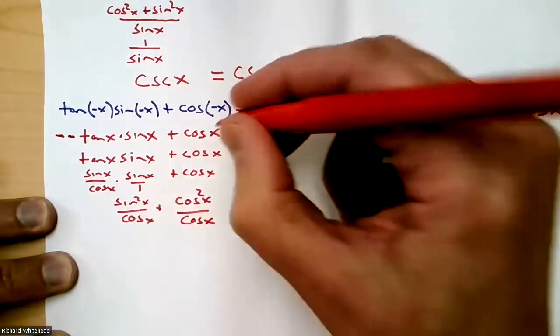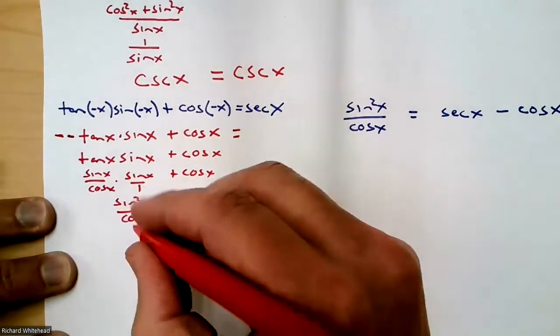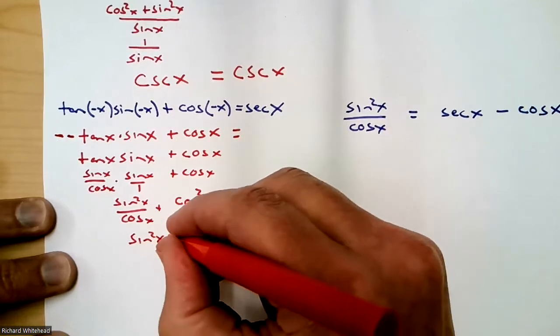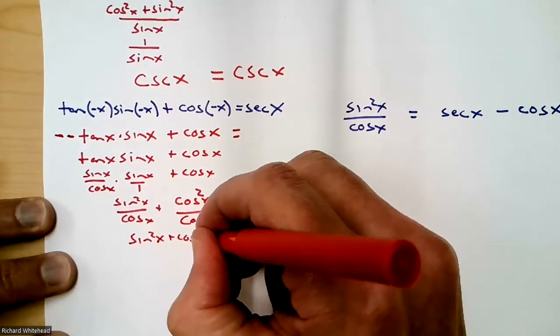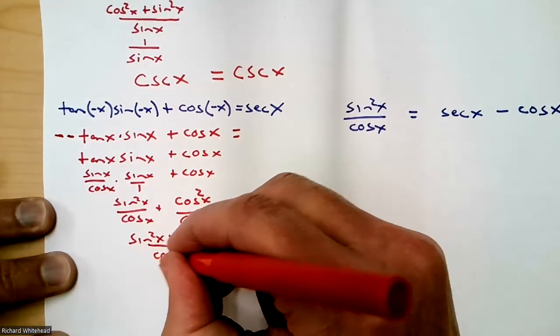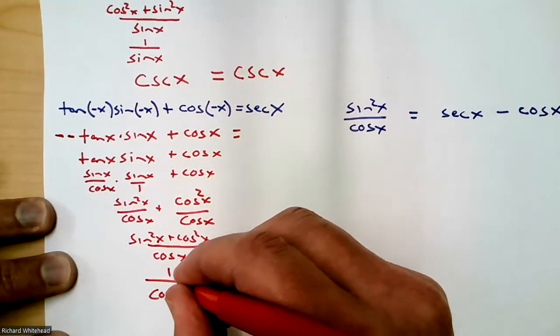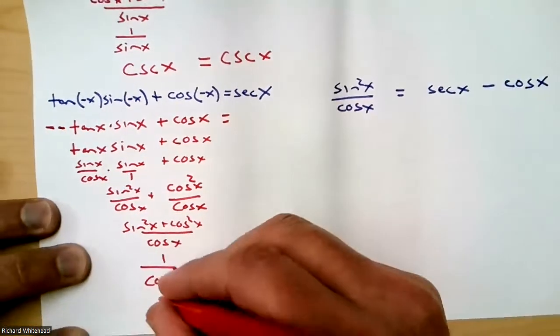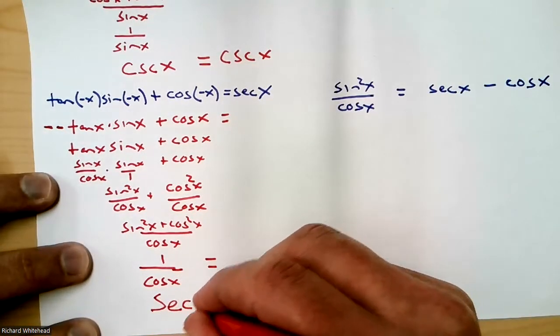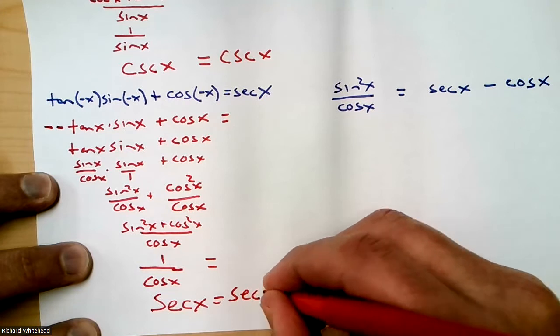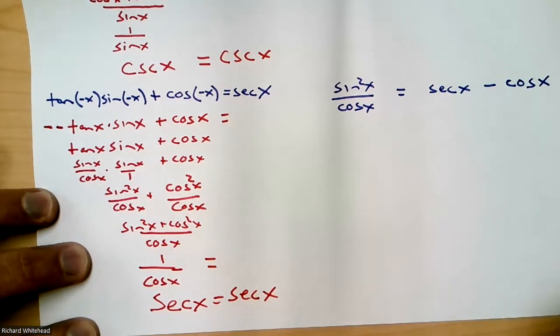Oh, what do you know? We get that same situation again of sine square plus cosine square, which we're all saying, yeah, that's equal to 1. So 1 over cosine, which we know is secant. So we end up with secant equals secant.